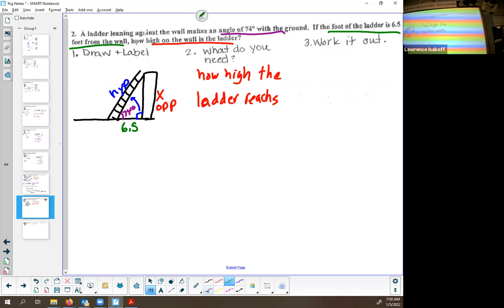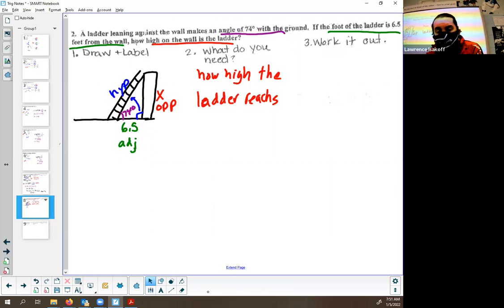And then I would realize that the ground is the adjacent side. Now, a lot of times with these real world problems, if we're talking about the ground, it will be adjacent to us. And if we're looking at a wall or something like that, that tends to be where we see the opposite side.